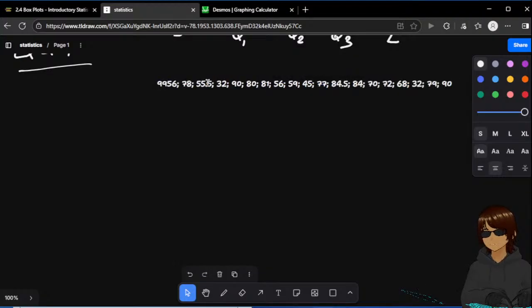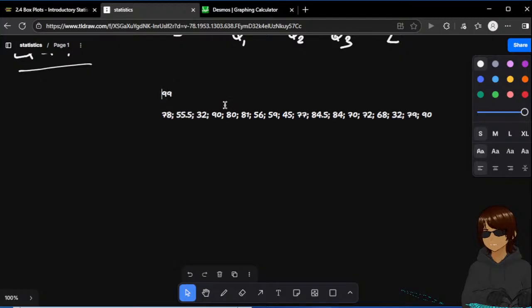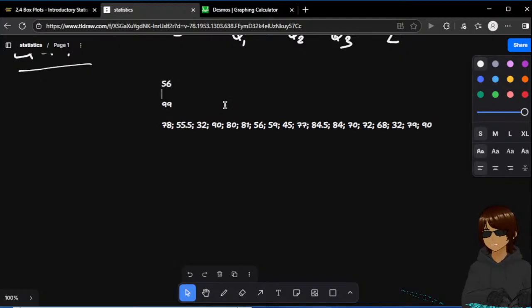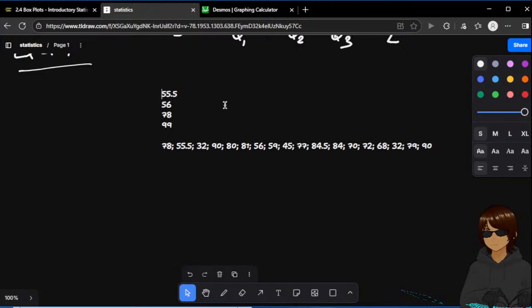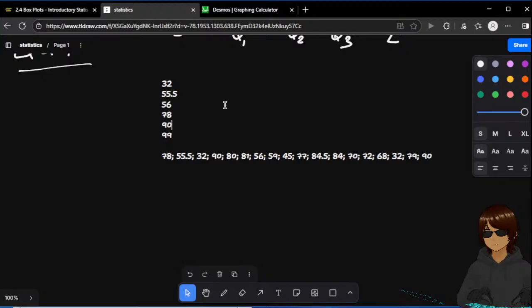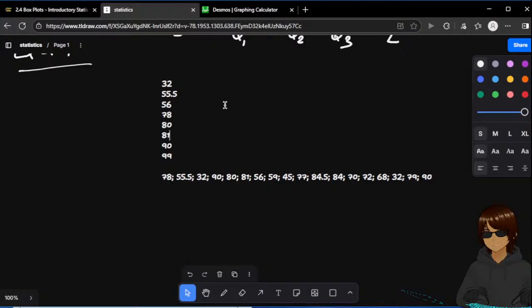So I will just align it left. 70. 56 goes up here. 78. 99. Is that 55.5? 32. 90. 80. 81.